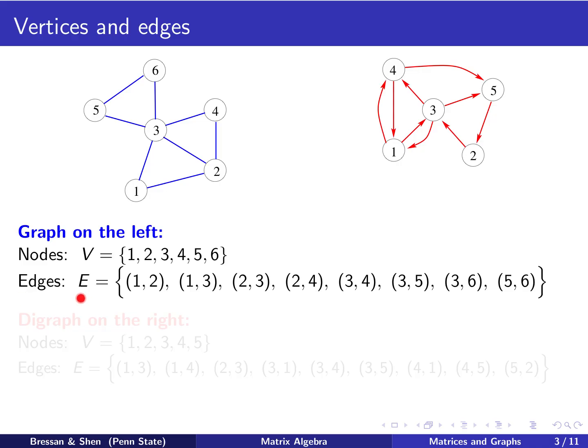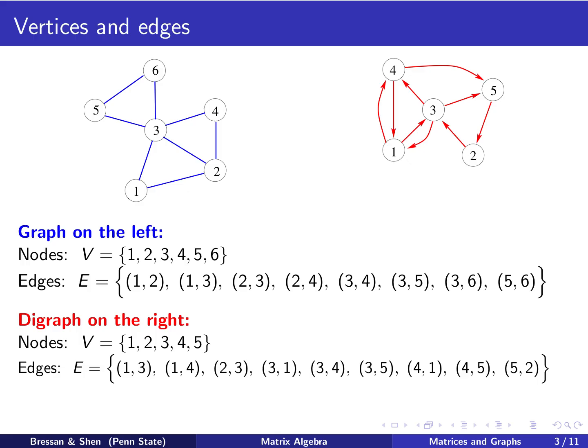Let's call it the set E, and that is the nodes that are connected, and the order doesn't matter here. So we'll have 1, 2 here, 1, 3 here, and 2, 3 here, 2, 4 here, and so on and so forth. We can collect all of them here. So these two sets are equivalent to this graph here.